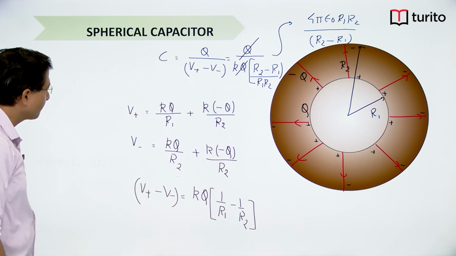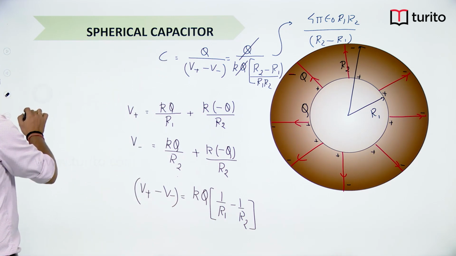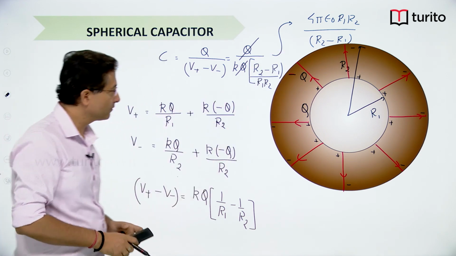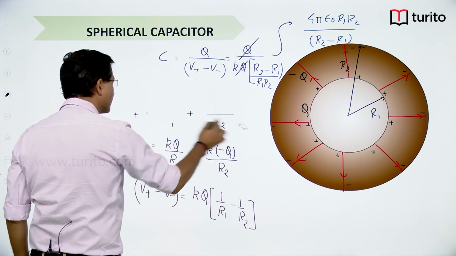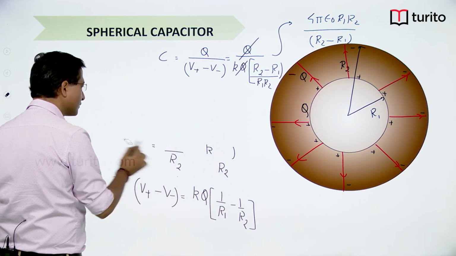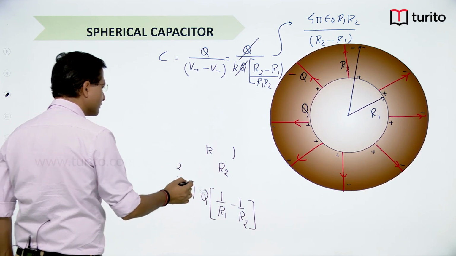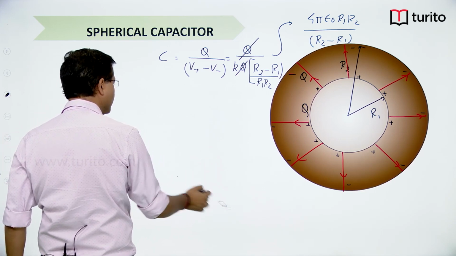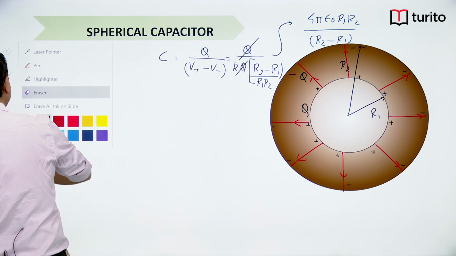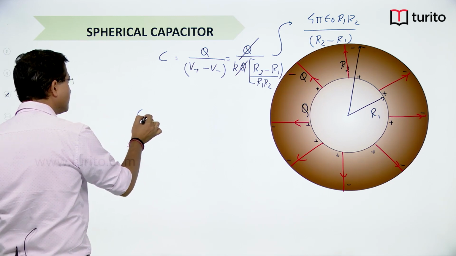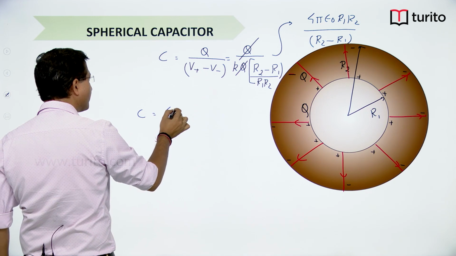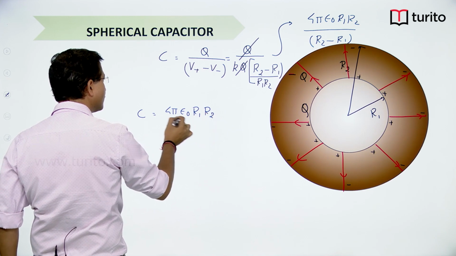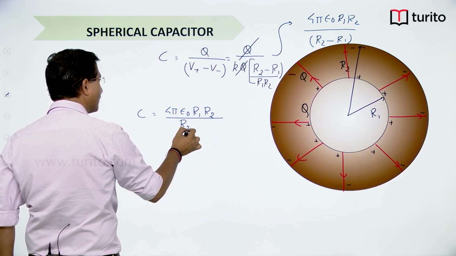Now, let us erase the procedure and focus on what we got. So, C is equal to 4 pi epsilon naught R1 R2 divided by R2 minus R1.